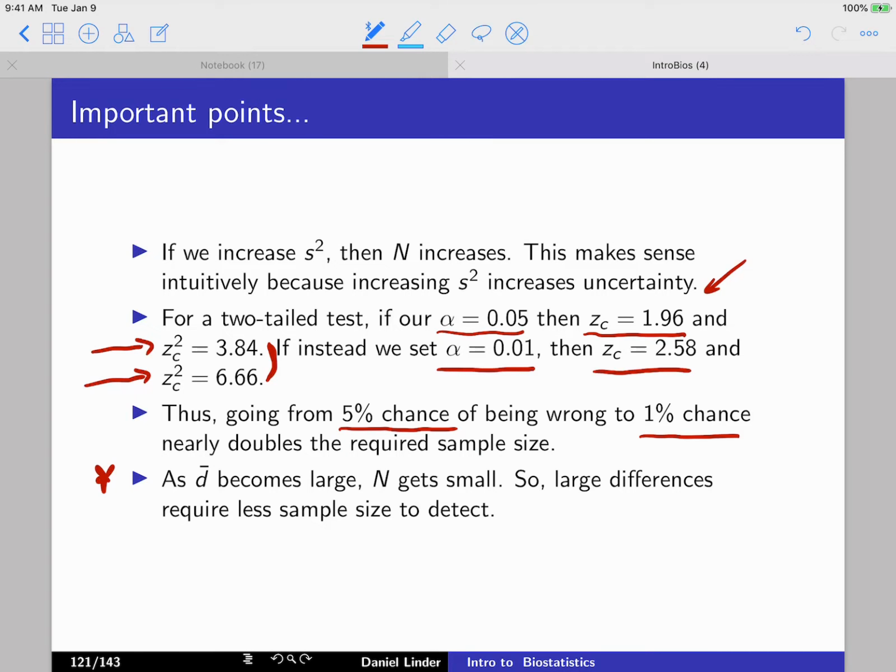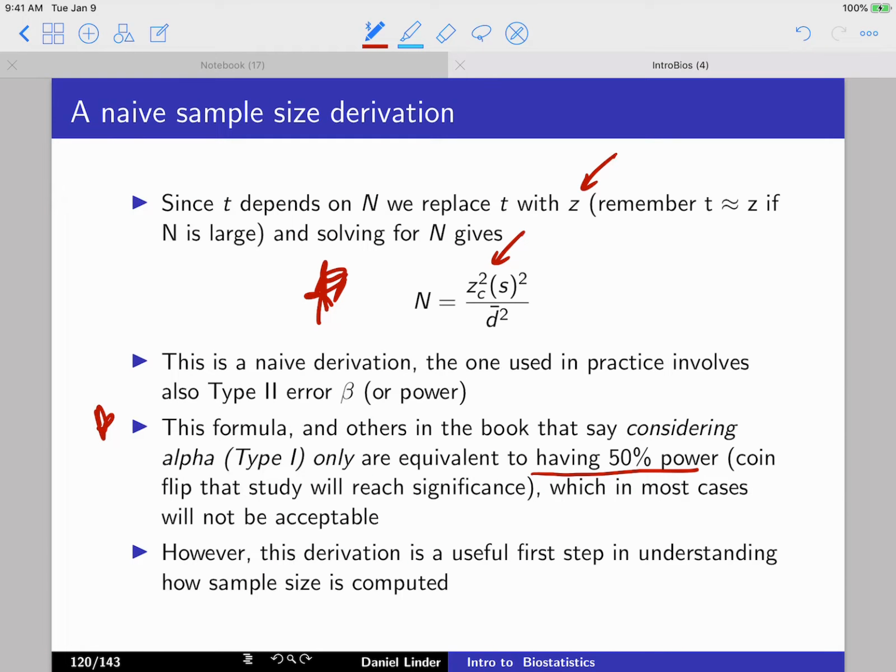Naturally, if that difference becomes large, then it should be easier to detect, right? So in fact, n gets smaller if the difference that we're trying to detect gets larger. Large differences require less sample size to detect, and you can immediately see that from the formula, right?